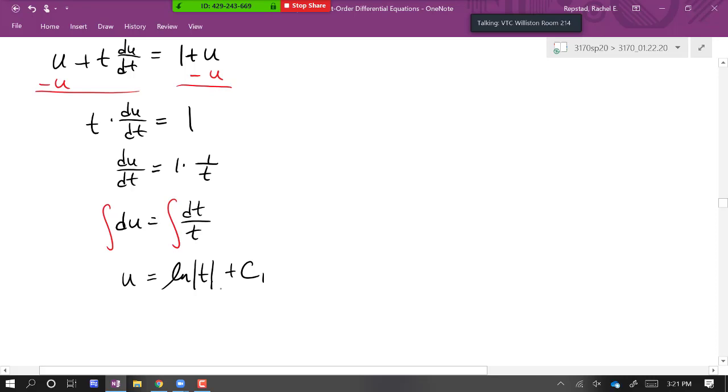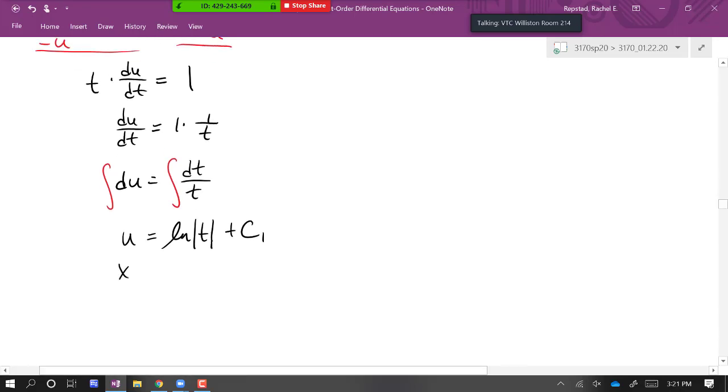So now we have u as a function of t. We want x as a function of t. So we're going to go back and use that substitution again. We know that u was x over t, so we'll plug that back in. If I want to get x by itself, that's not terribly difficult.